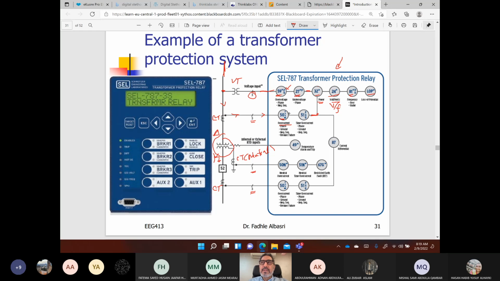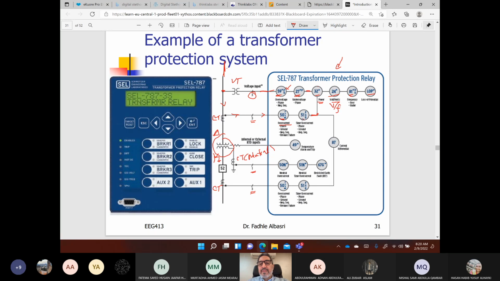So it depends: did I use the phase current to detect an overcurrent, or did I use the negative sequence current to detect there is an overcurrent condition, or did I use the ground current to detect that there is an overcurrent condition?